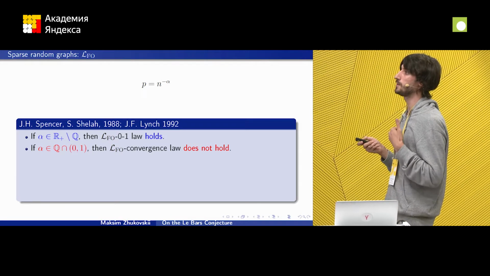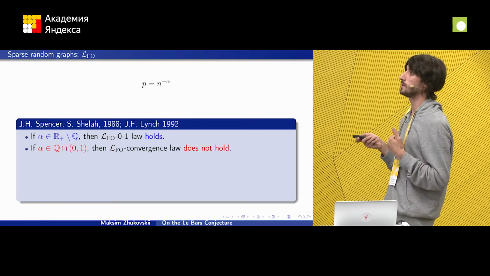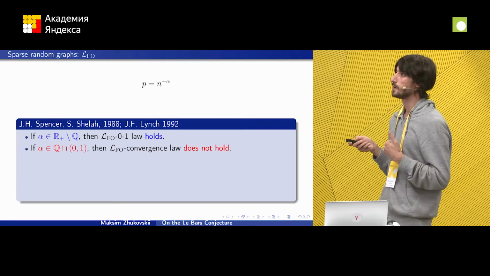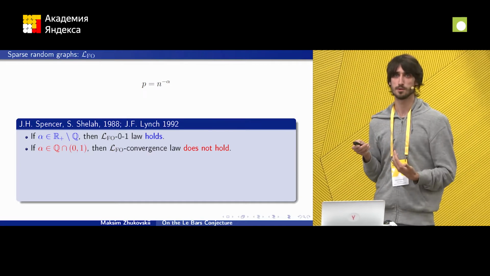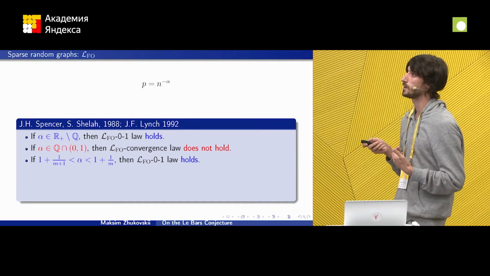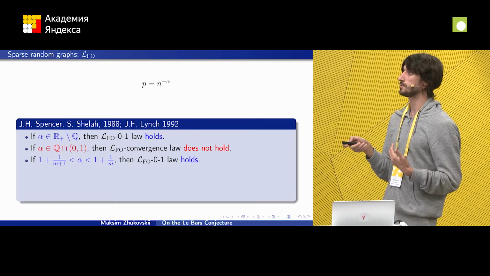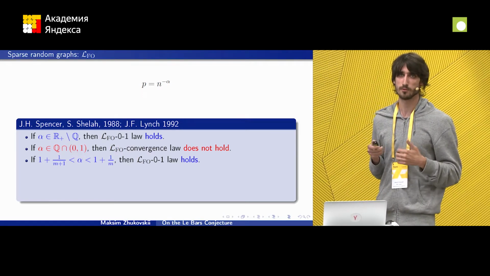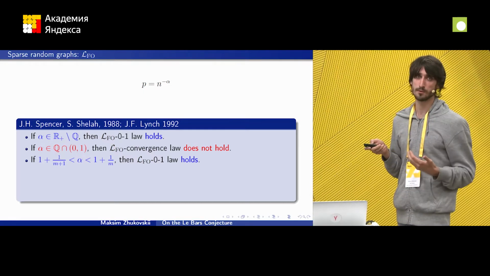If alpha is irrational, then there is a 0-1 law for first order sentences. If alpha is rational but from 0 to 1, then there is no convergence law. If alpha is greater than 1 and in the interval 1 plus 1 over (m+1) to 1 plus 1 over m, for some integer m of course, then there is a 0-1 law.